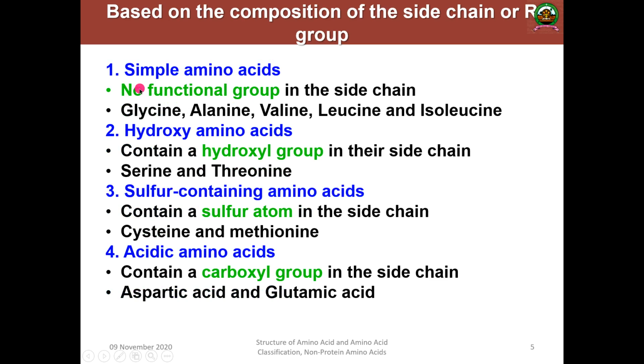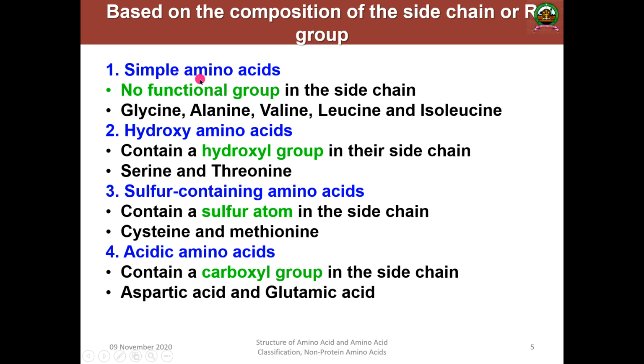Simple amino acids, as the name indicates, are very simple. They don't have any functional group in their side chain. Examples are glycine, alanine, valine, leucine, and isoleucine.